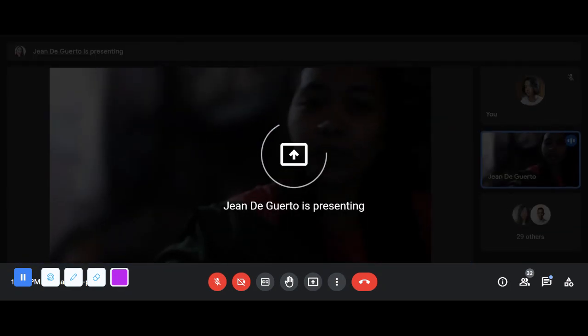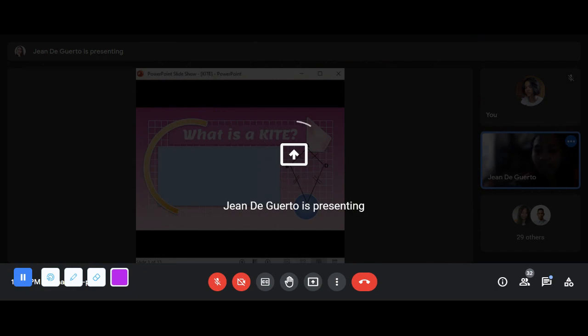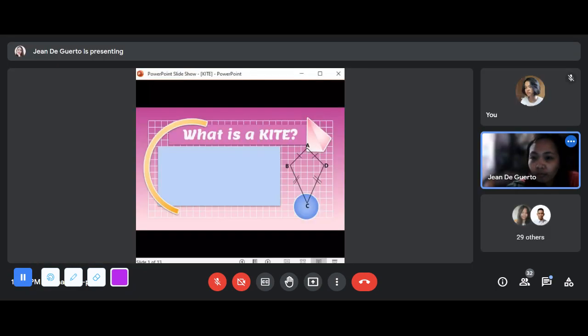Okay, so we have now the kite. So we are going to have the kite. So kite is a trapezium. So kagaya nung nasa diagram natin last time, kite is under a trapezium.